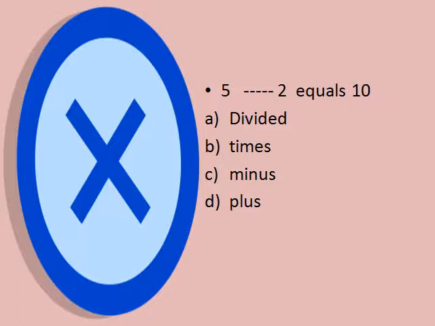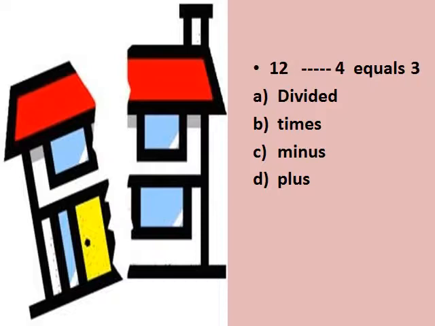Divided, times, minus, plus. Times 12, 4 equals 3. Divided, times, minus, plus.